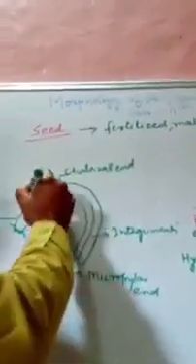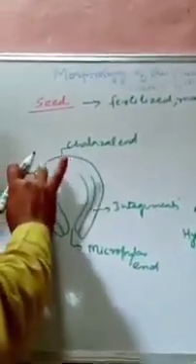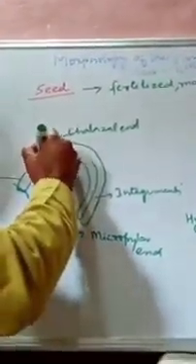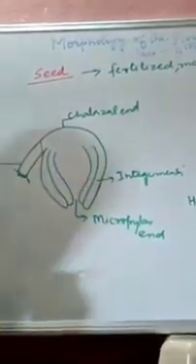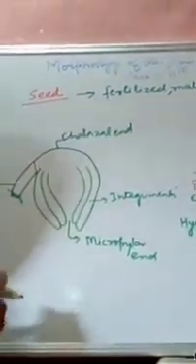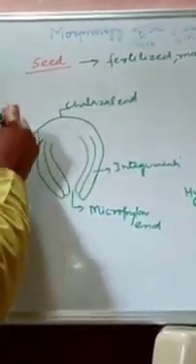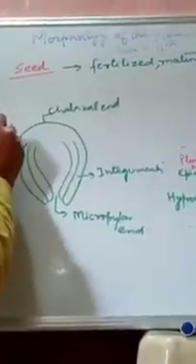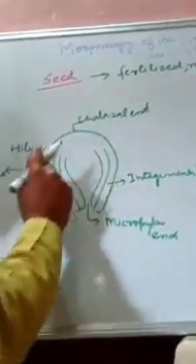Now this stalk is attached to the ovule; I will draw this in a reddish color. This is called the hilum. It separates the stalk from the ovule.